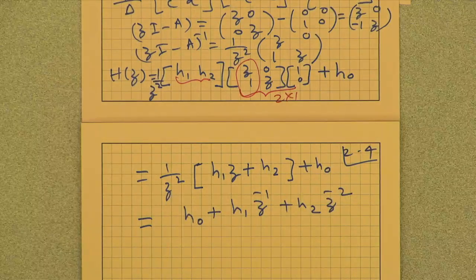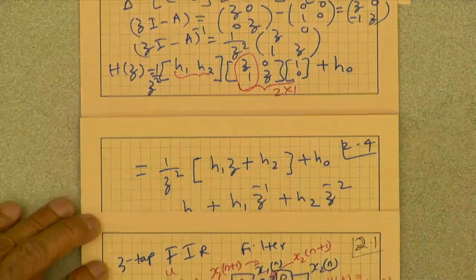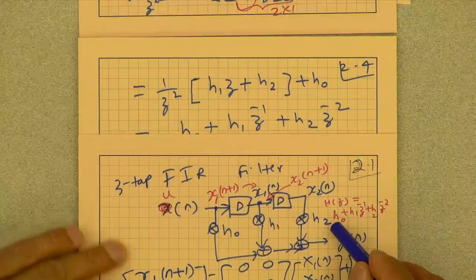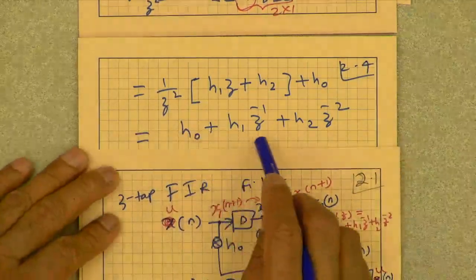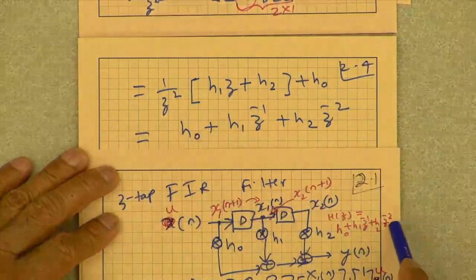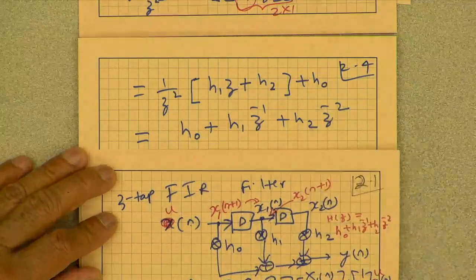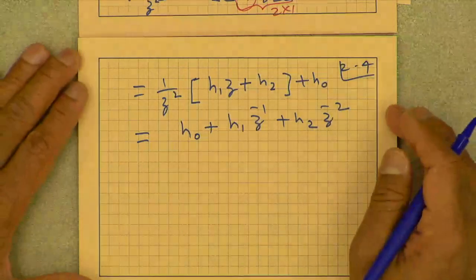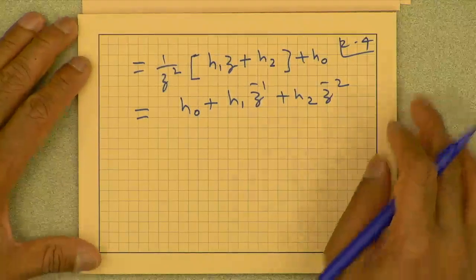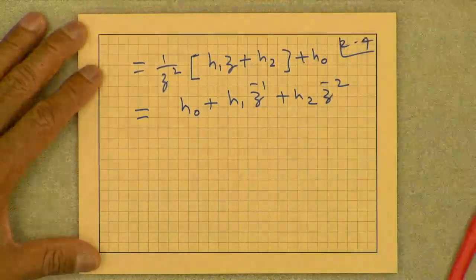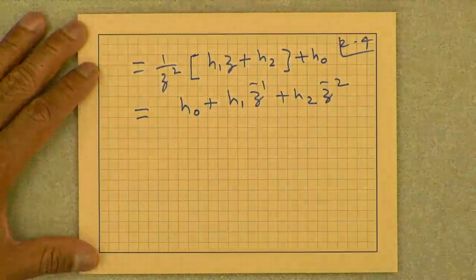And that's exactly what we expect to see, which is H0 plus H1 Z to the power minus 1 plus H2 Z to the power minus 2. But now we are able to derive that using the state space representation. Okay.